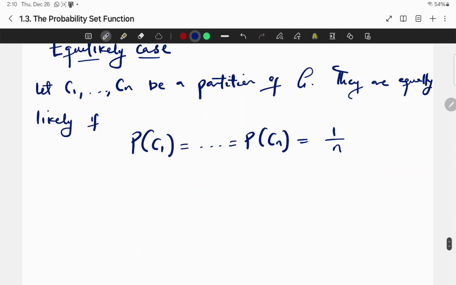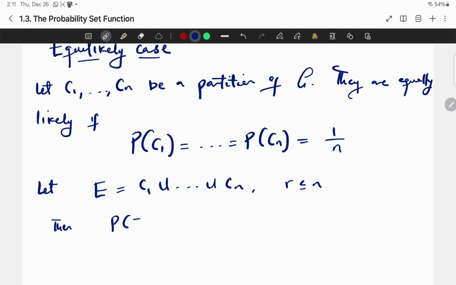Let E equal C1 union through Cr, where r is less than or equal to n. Then the probability of E equals r over n.